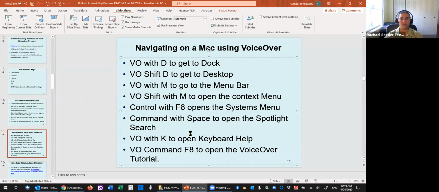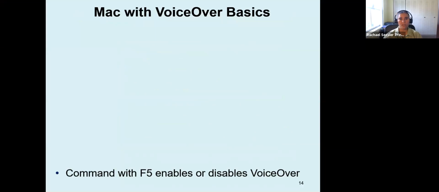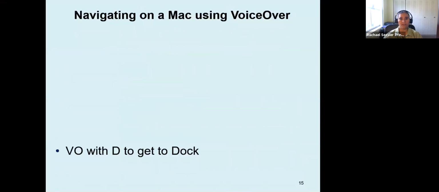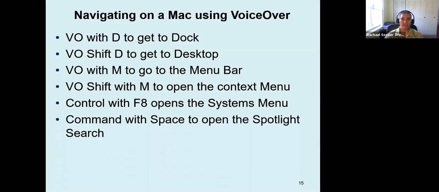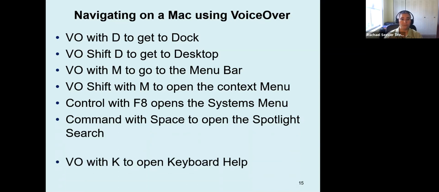I could look for apps, documents, folders, I could even type a web address and go to it. So same thing from the Spotlight search. If I do Command space on a Mac, I could type in to search my entire Mac computer.